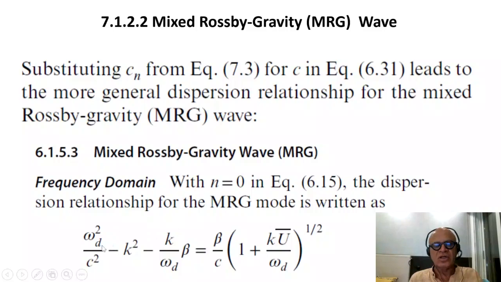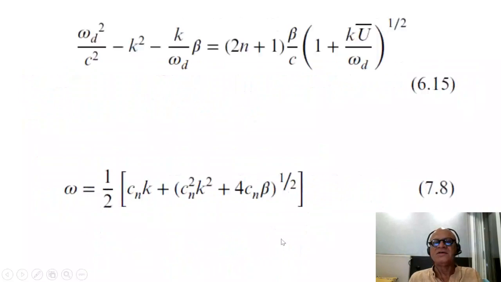Again, it depends on Doppler shifted frequency, gravity wave speed, longitudinal wave number, and the basic state, which omega in this case can be written this way, right? I'm not going to go into the details because these are long equations. You just have to look them up each time. There is no way you are going to remember them.